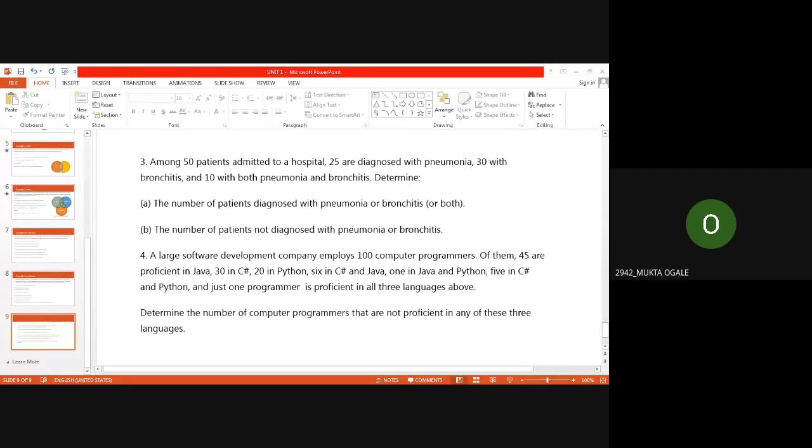Correct. 45 and 5. Then the fourth example.